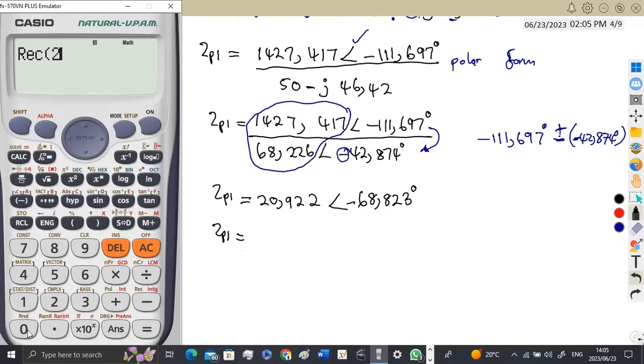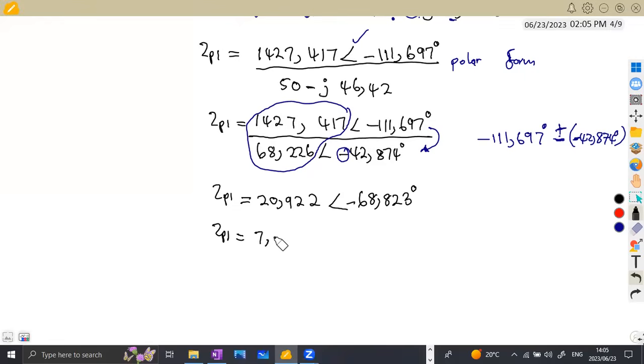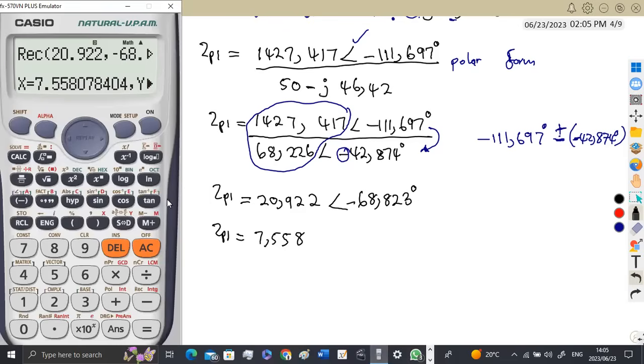So you press your values 20.922, separate this by shift, negative. Don't forget the negative. So it's negative 68.823 like this. All right. So don't forget that negative. So this will give us 7.558. So we are going to have this as 7.558.